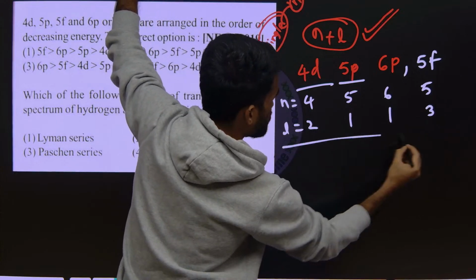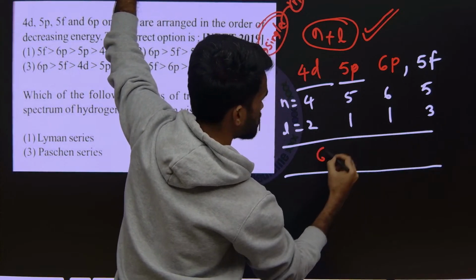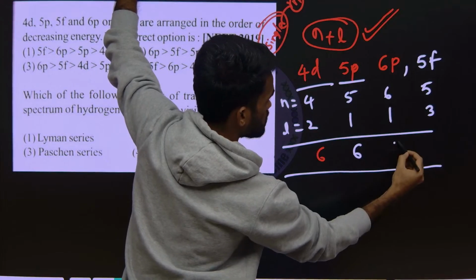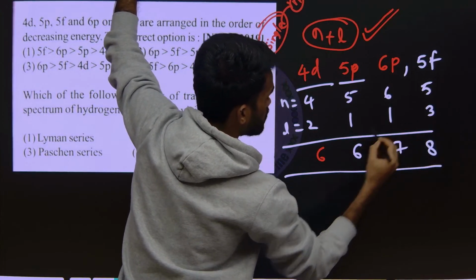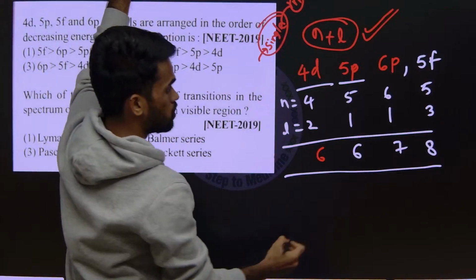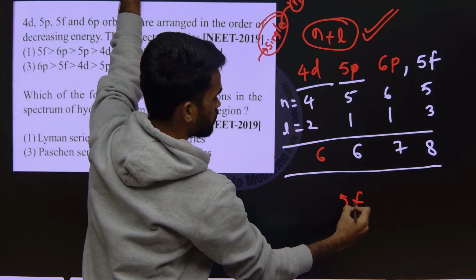So what is the total sum? 6, 6, 8, 7. So the greatest value is for 5f, so 5f has the greatest energy.